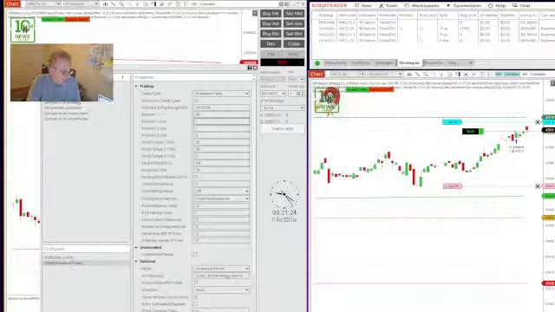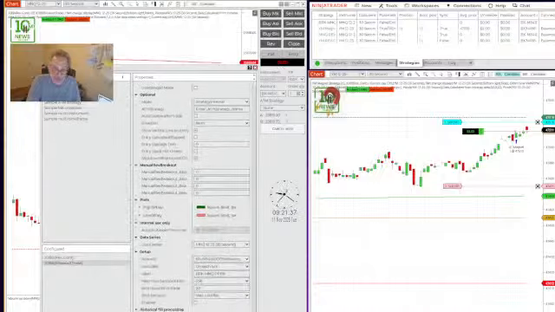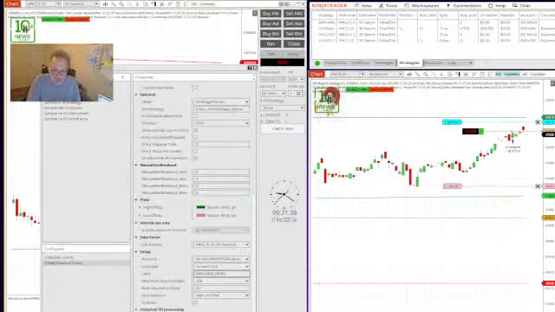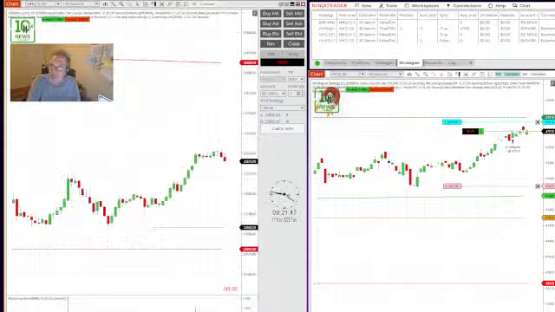Position 1 is a 1, position 2 is a 1. Targets are 25 and 50. Stop is 75. Target 1 stop, break even. Sliding down, label the trade, breakout market open, account, put the right account that you're trading. Apply it and OK it. Turn on the trade by clicking the enabled button.